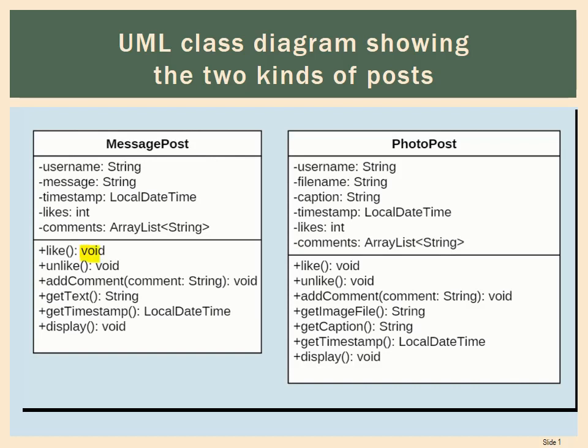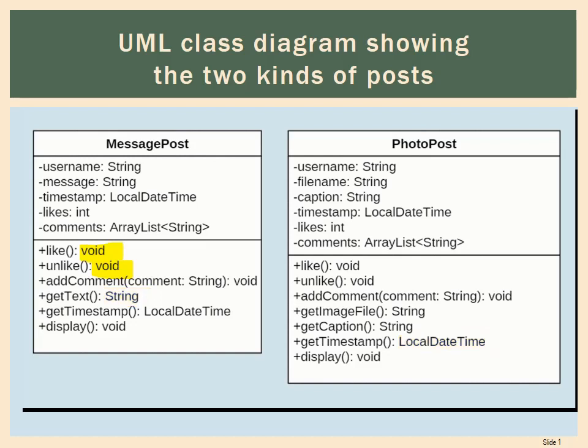So if I like a post, there's no return. It's a void method. Also, if I unlike a post. Other methods have different return types. For example, the getText method has a return type of String. The getTimestamp method has a return type of LocalDateTime. These reflect the data types of the corresponding instance variables.